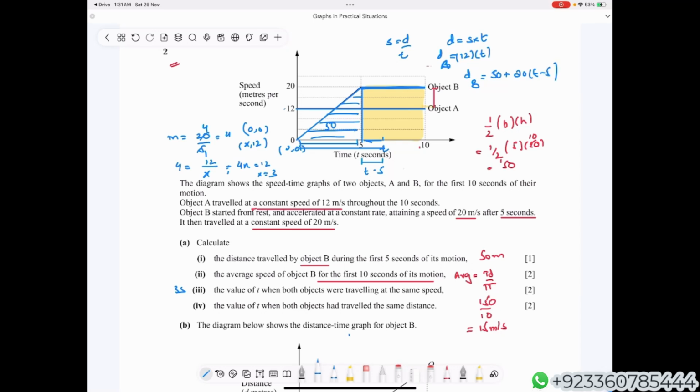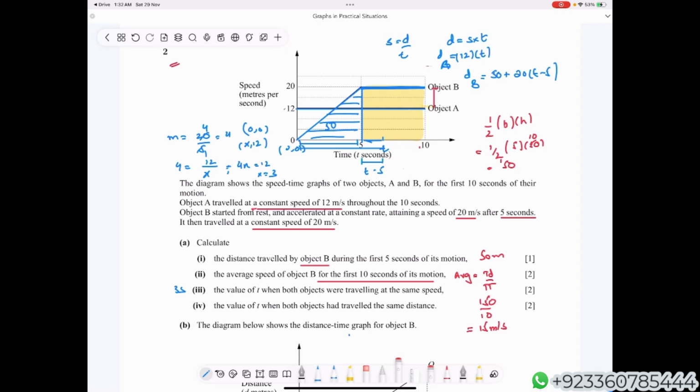I'm going to repeat. जो object A है, it's traveling at a constant speed of 12 meters per second. ठीक है, तो उसका हम जो distance है वो speed is equals to distance over time से निकाल सकते हैं. यहाँ से distance आ जाएगा speed into time. Speed is constant 12 and time we want to find.